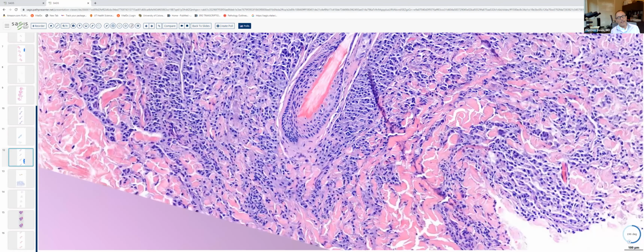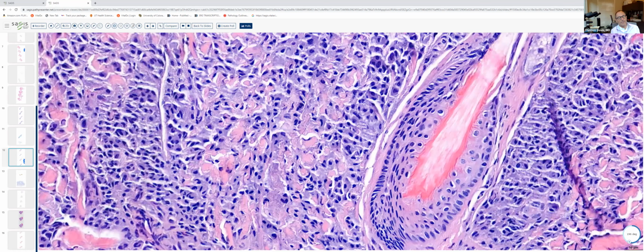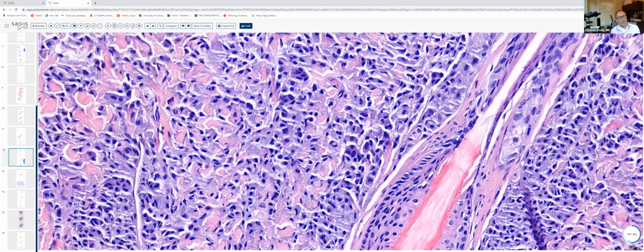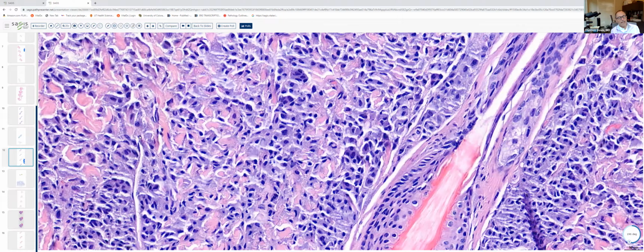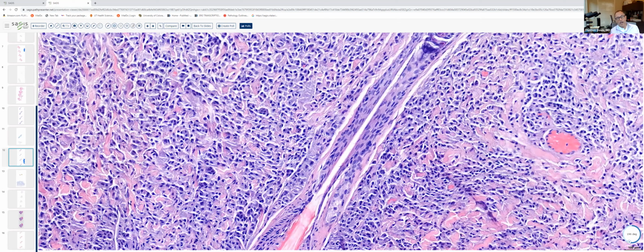This constellation of features, the fried egg appearance of many of these cells, should lead you to consider the possibility of a mastocytoma. Occasionally, infiltrates like this can also be seen in Langerhans cell histiocytosis. However, in that particular instance, the nuclei are going to look different.